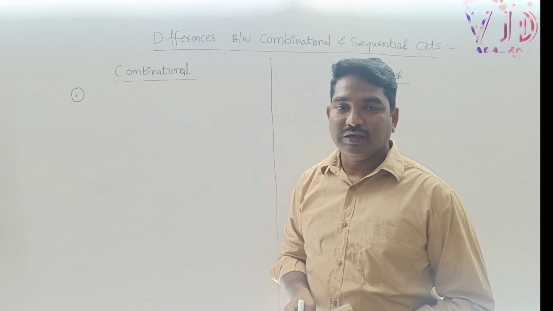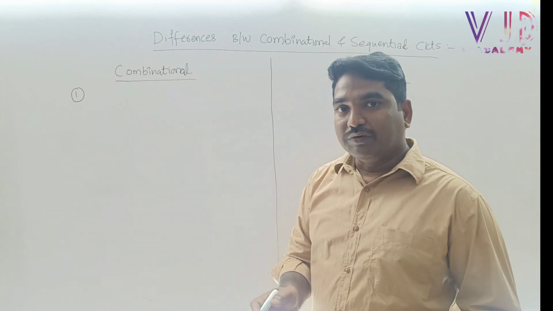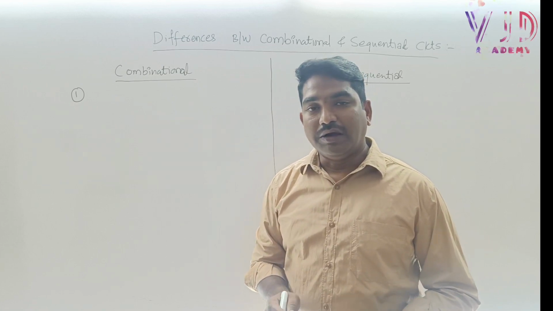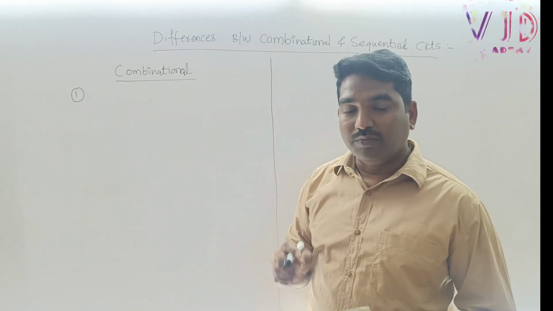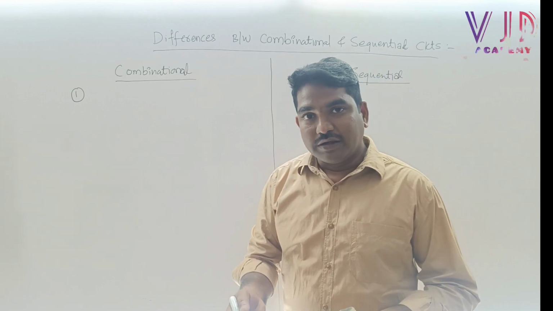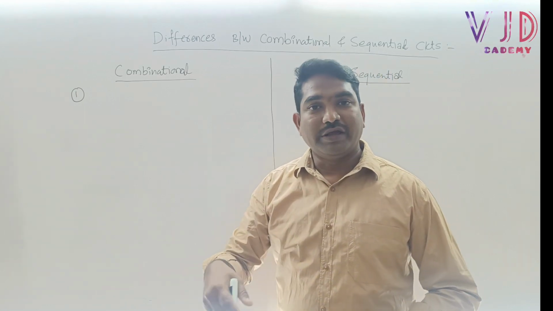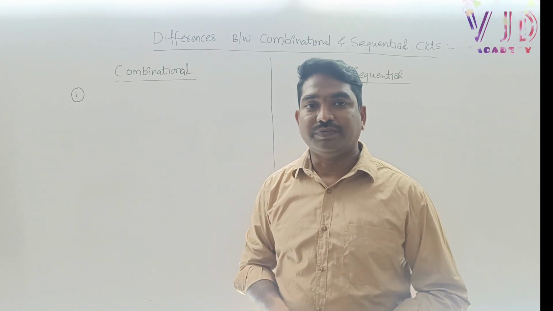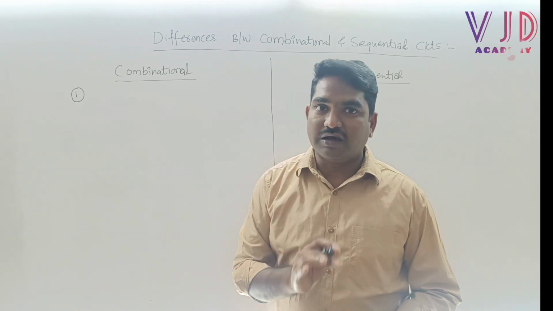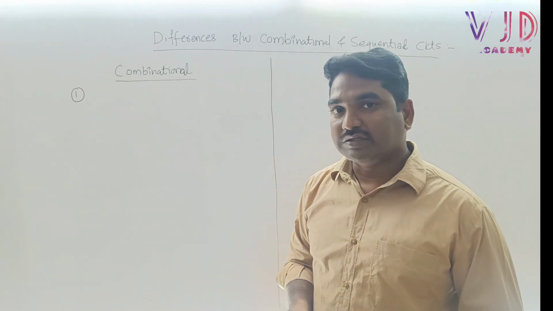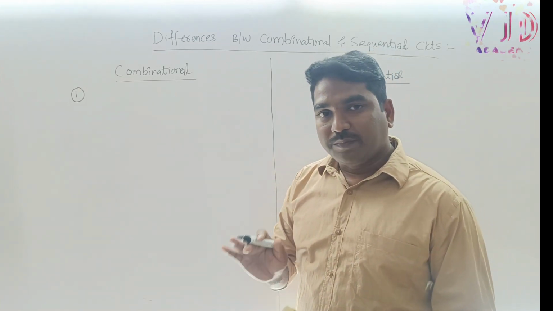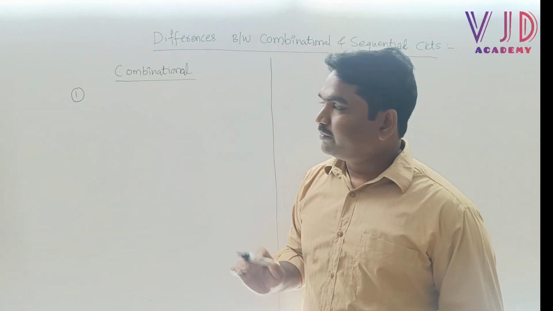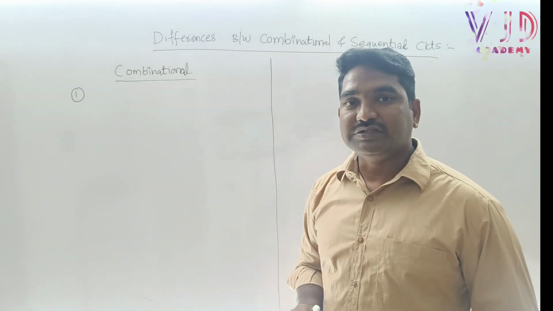We need to identify the number of inputs and outputs, the number of input combinations, draw the logical circuit, write the logical expression, and finally simplify the equation. Based upon those steps, let us try to describe the differences between combinational and sequential circuits.